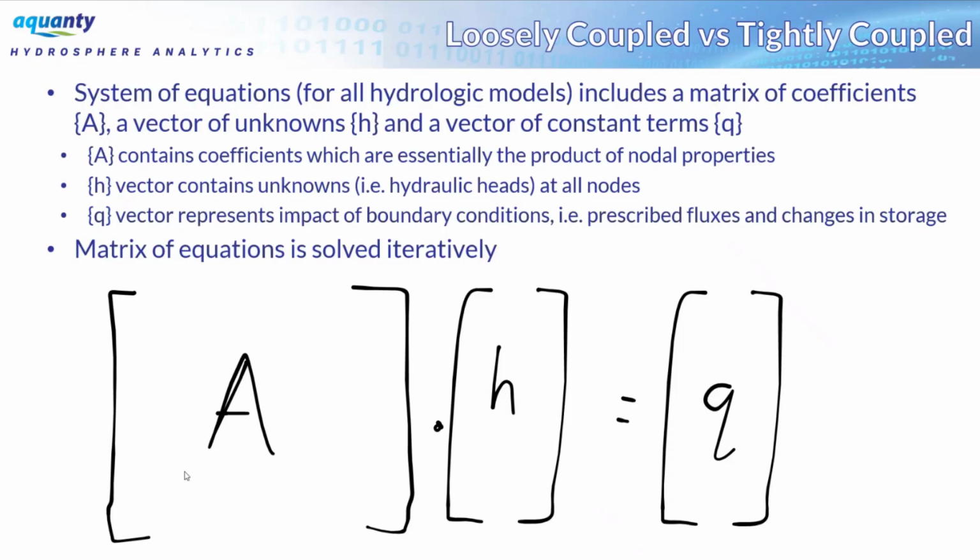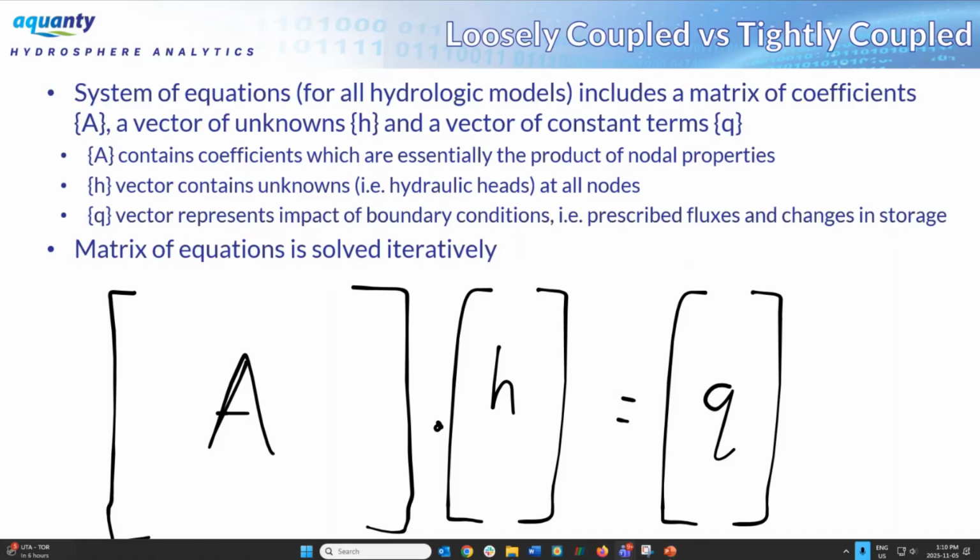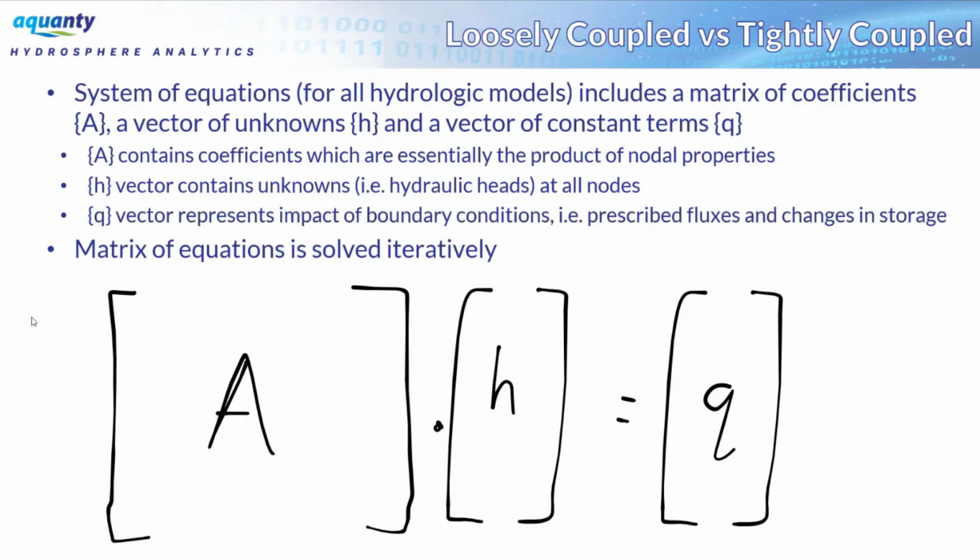When you have a model based on a system of partial differential equations, you'll end up with hundreds or thousands of equations distributed across hundreds or thousands of grid cells or nodes throughout the model domain. That system of equations is solved using linear algebra, and you'll end up with a matrix of equations that looks something like this, highly simplified, of course.